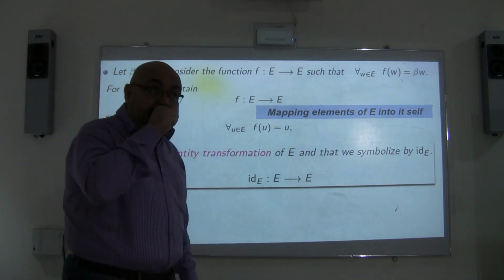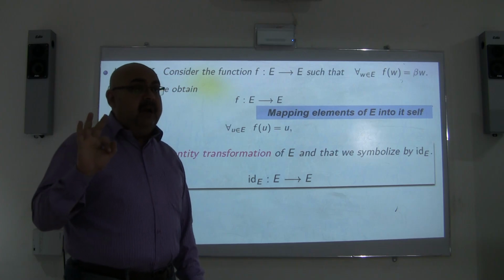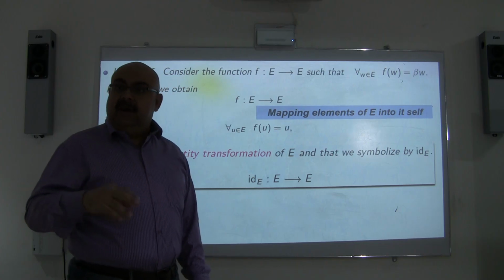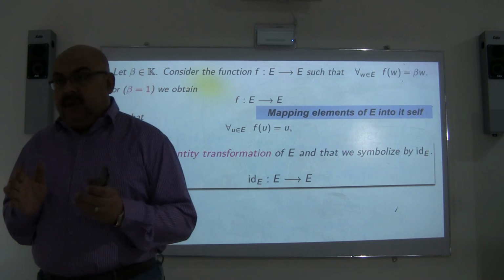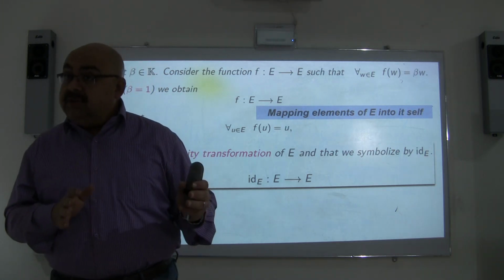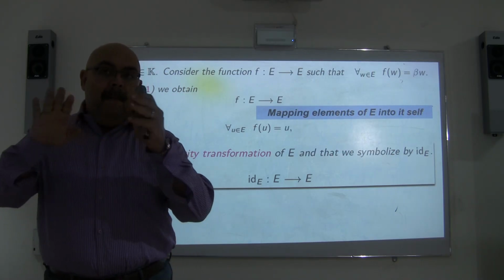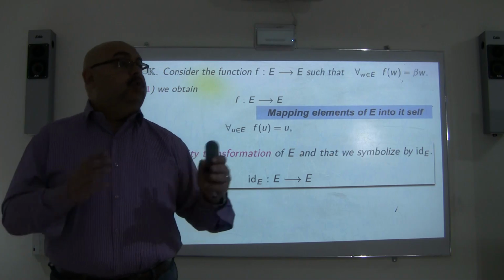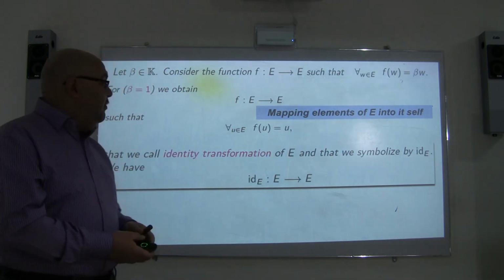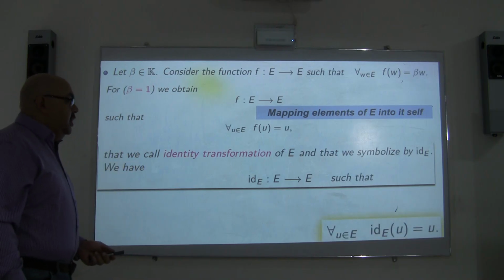Till the time being, we have 3 types of linear transform: the dilation, which means I'm going to multiply a certain vector by a quantity; the null transform, which means you will map all the elements in the subvector space into the origin of E; and the identity transform, which transforms E into E.